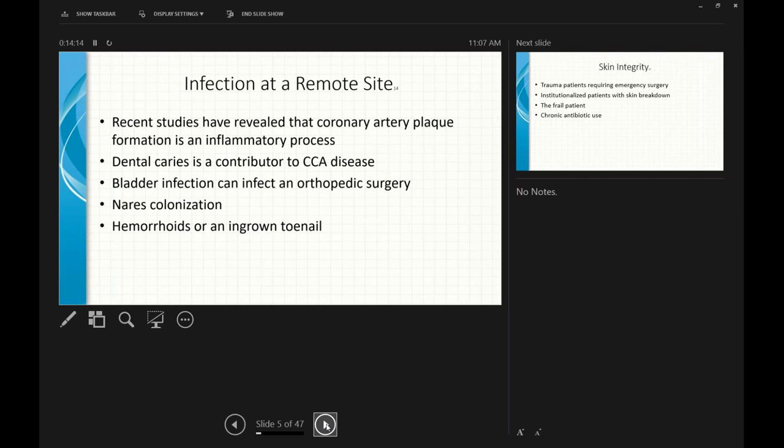Nares colonization is becoming great news now. It is such a simple way to help total hip patients to reduce their infection rates.